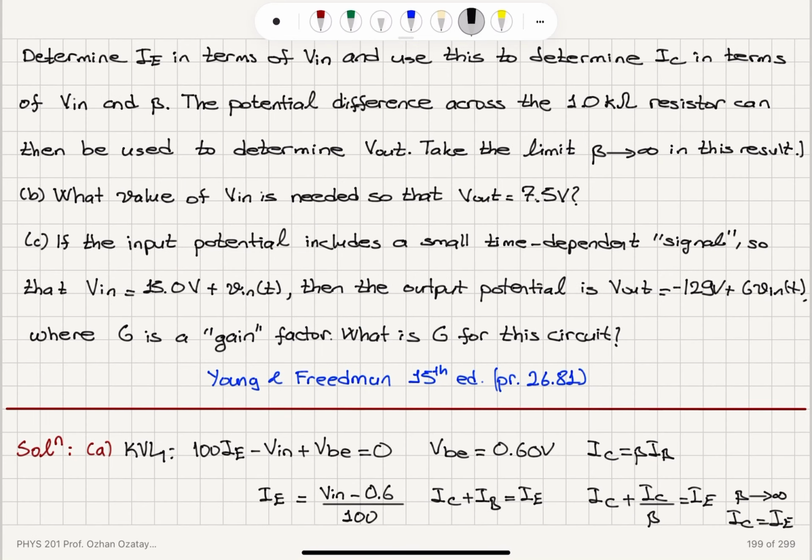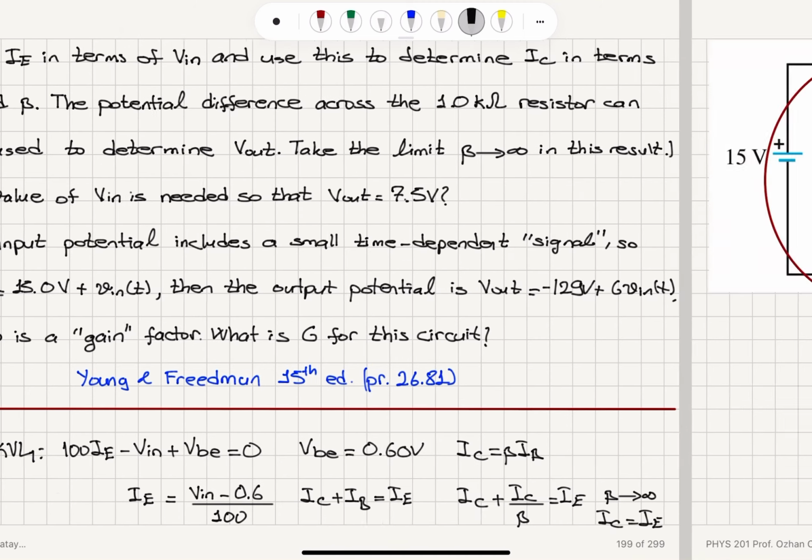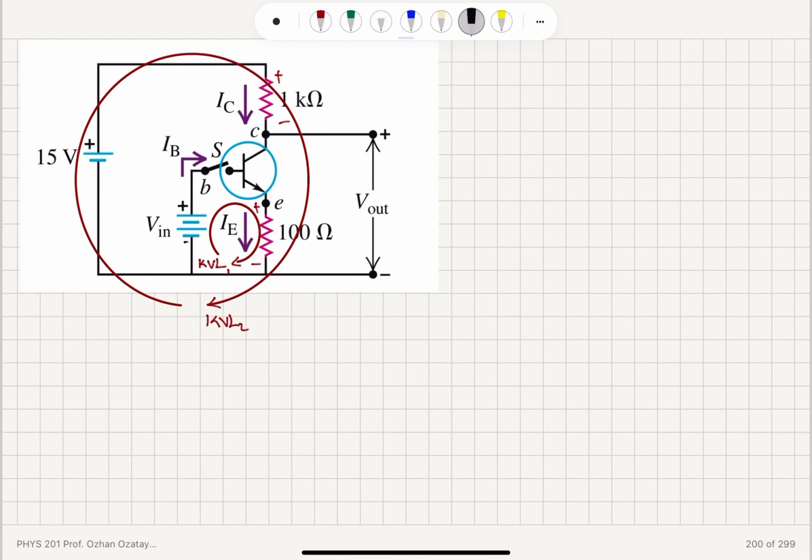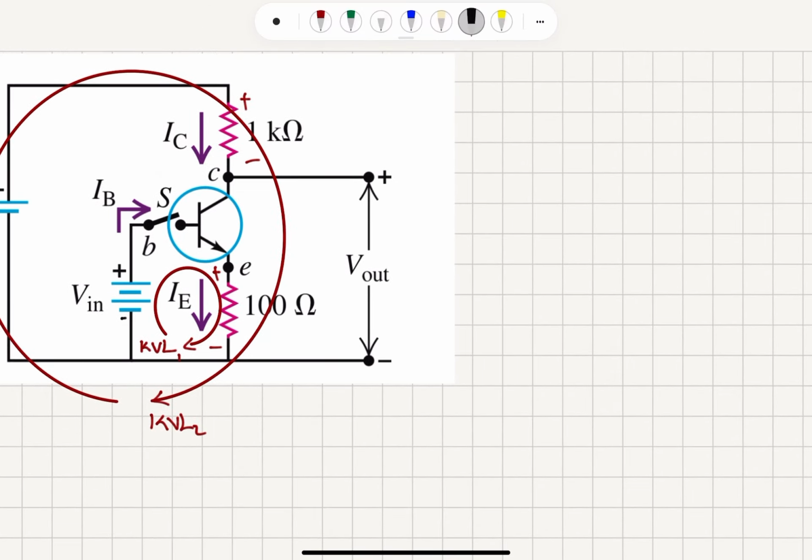Okay, now I'm going to write Kirchhoff voltage law 2 for this whole loop here. So let's do that. KVL2.